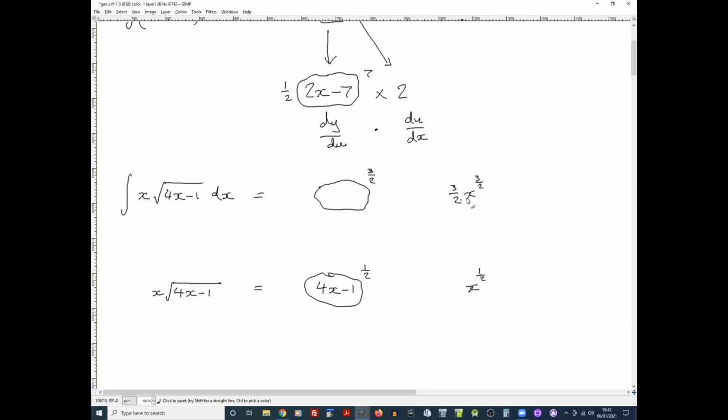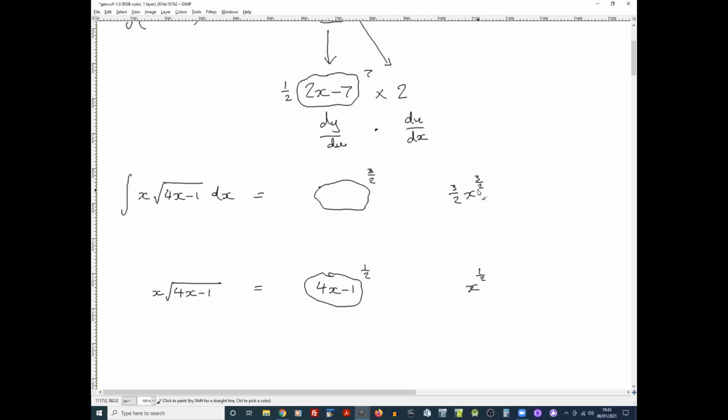Okay, let's test that by differentiating. Pretend you're differentiating that. What would you do? You take away the power and then multiply by 3 over 2.